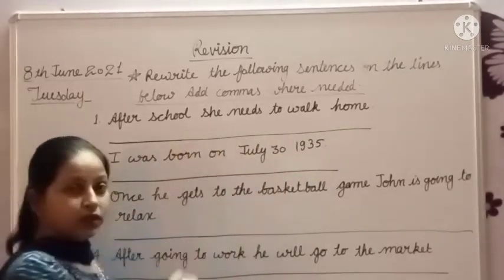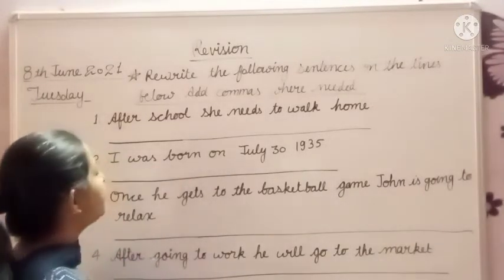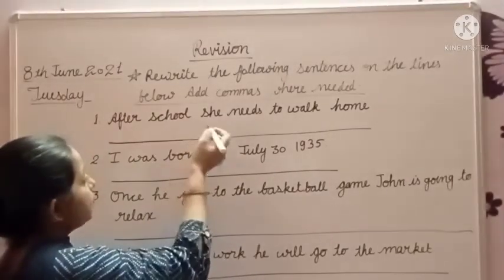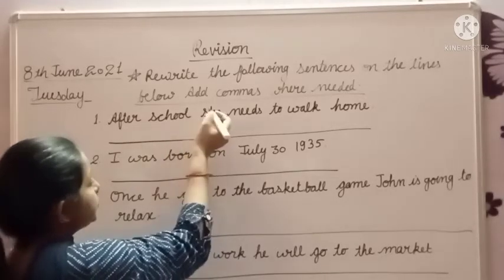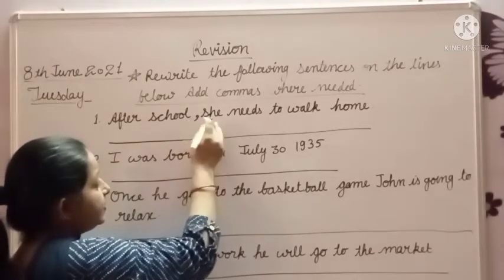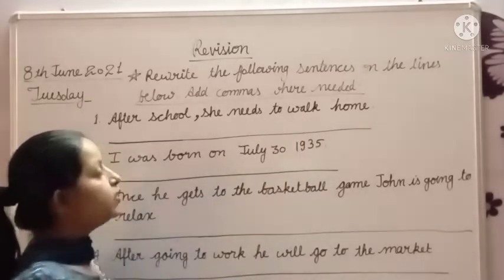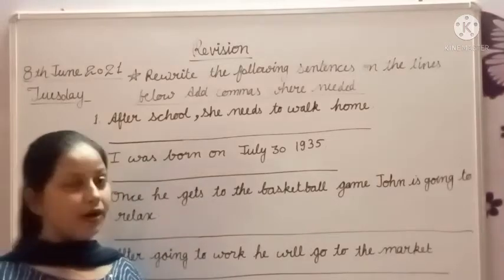After school. Yes, students, we use a comma as a separator here. So, where will we use it? After school, because this is another sentence. So, we will separate the sentence using a comma.